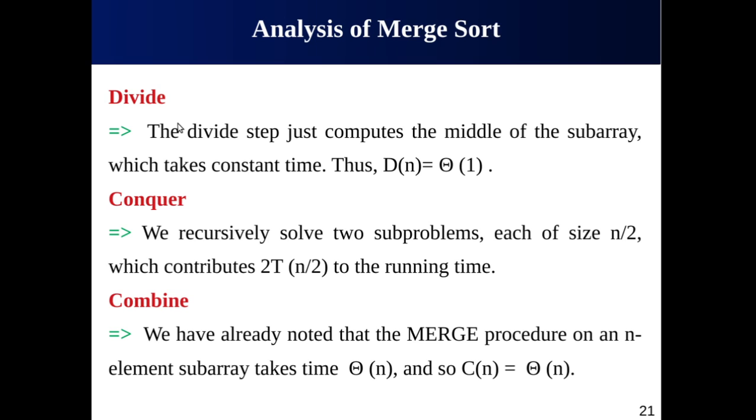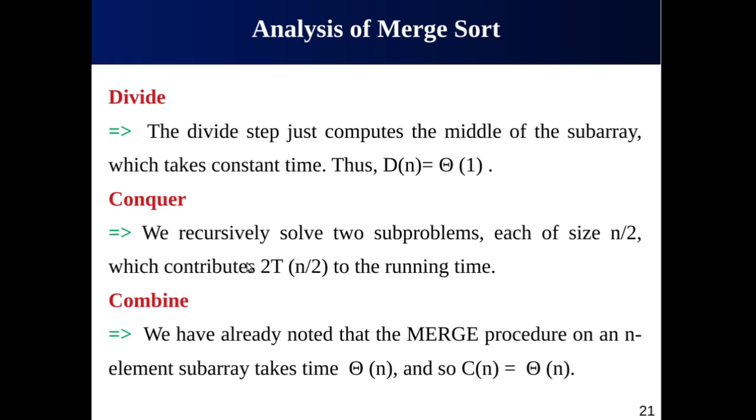So the division step takes constant time theta 1, while the combine step, which includes the merge procedure, will take larger time, that is theta n, where n is the number of elements. So we can say that the combine step, represented by C of n, is equal to theta n. So remember, division is theta 1, constant time, while the combine is theta n.